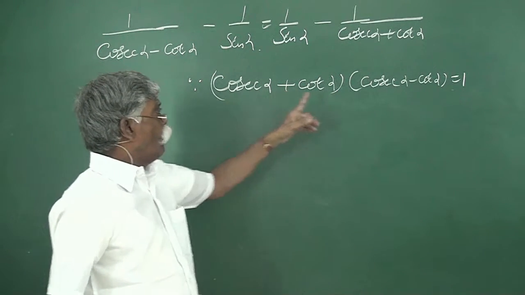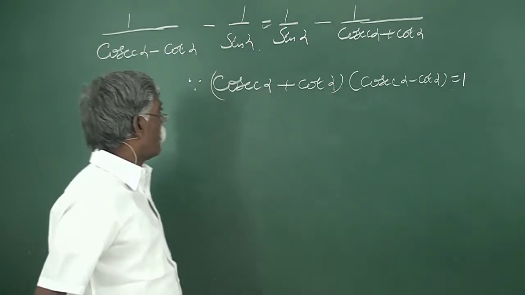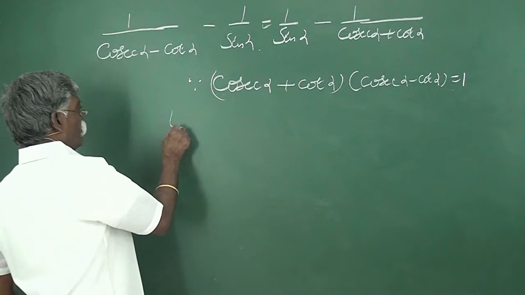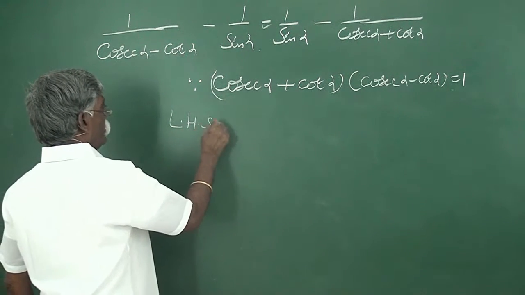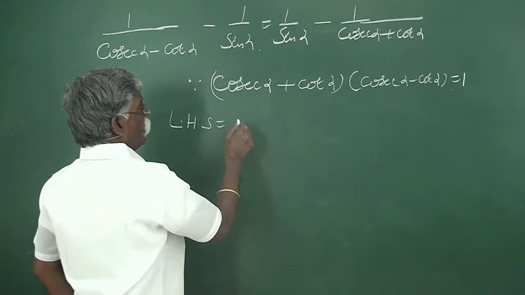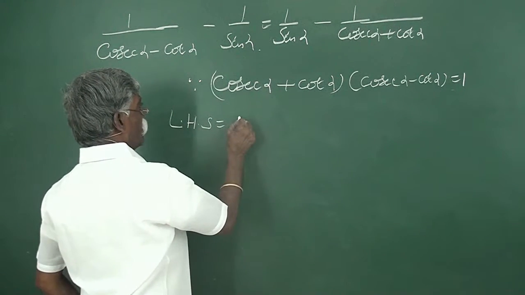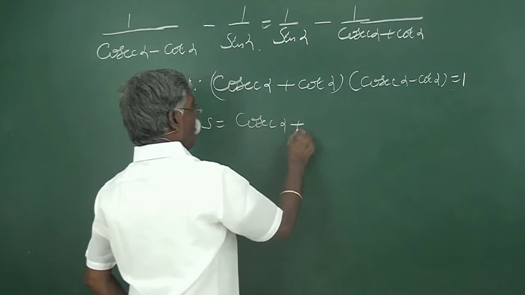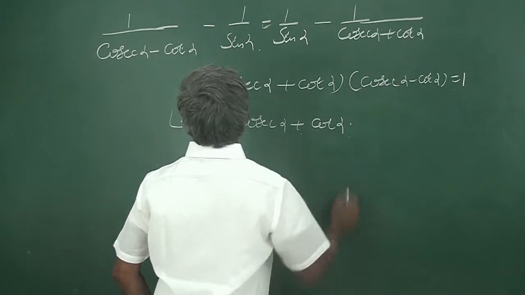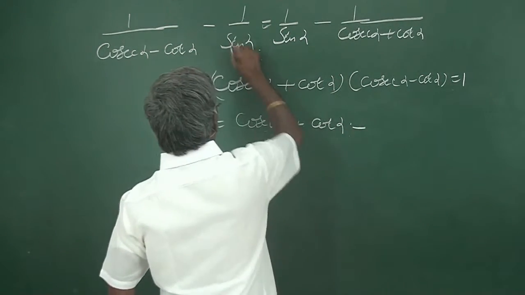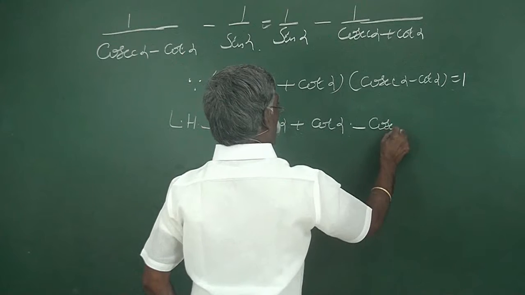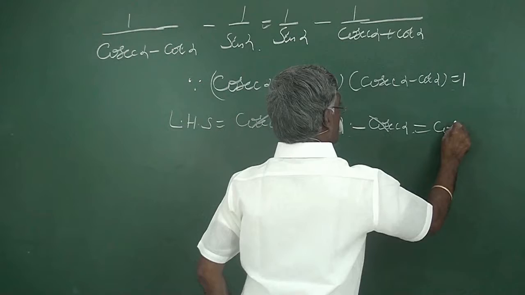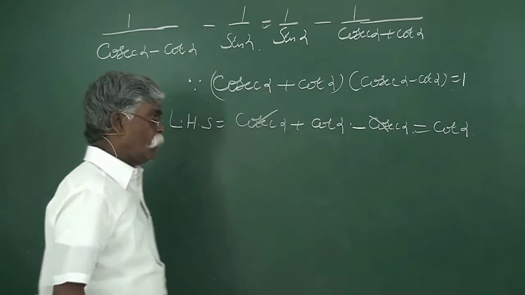Using this, 1 by cosecant alpha minus cot alpha can be written as cosecant alpha plus cot alpha. Therefore, the left hand side is cosecant alpha plus cot alpha, minus 1 by sin alpha, which is cosecant alpha. These two get cancelled and the answer is cot alpha.